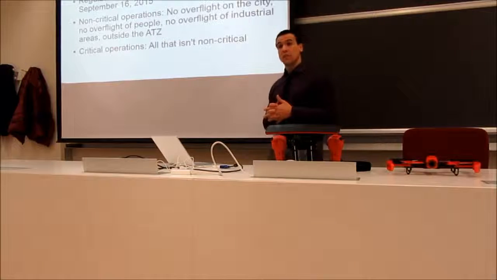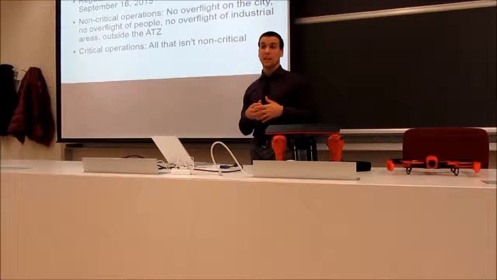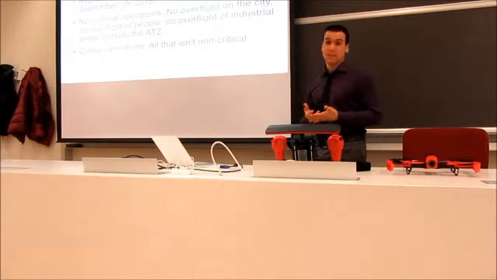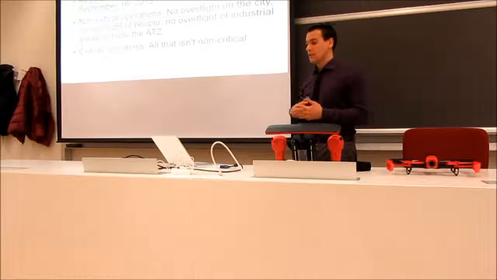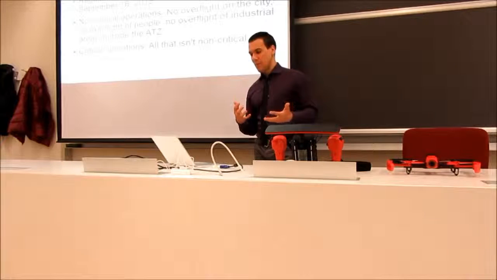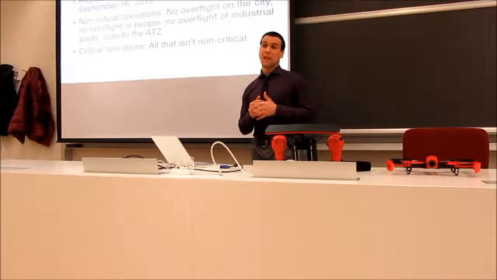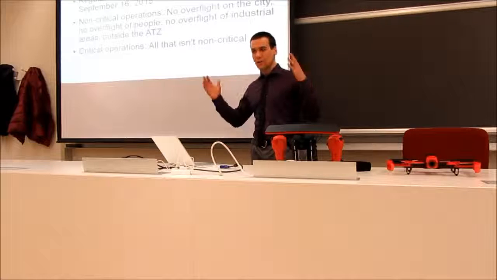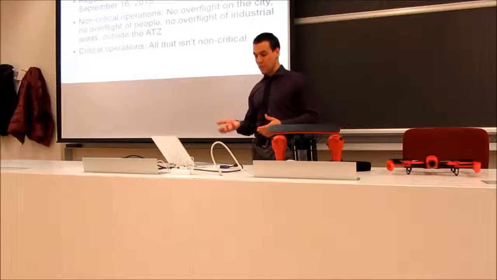We have to talk about where the drone can fly and also where the drone cannot fly. The drone cannot fly in the city, because if a drone flies in the city, we have a security problem. The drone cannot fly over people, because if a drone flies over the heads of people, we have a security problem.